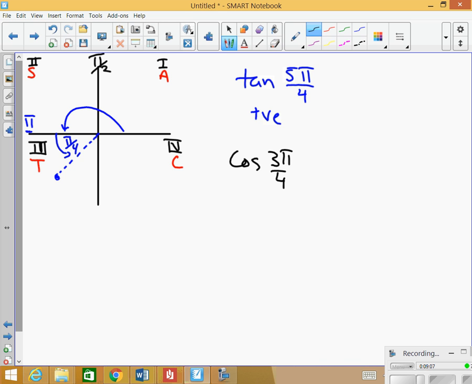So it's more than half a pi but less than 1 pi, so it's going to be somewhere in quadrant 2. Now in quadrant 2, only the sine ratio is positive. This is the cosine ratio, therefore it is going to be negative in that quadrant. That's how I know, based upon this CAST rule.